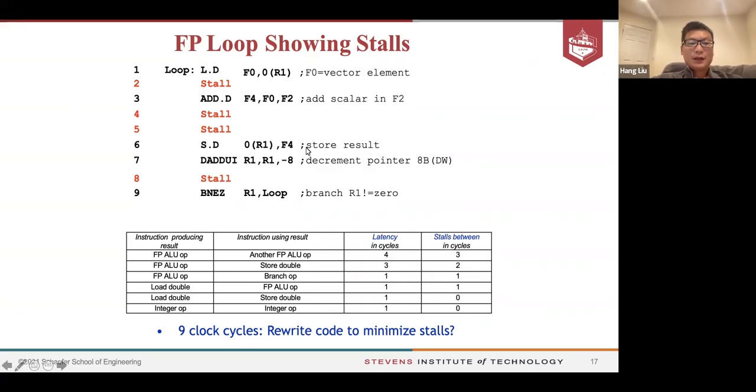So maybe we can move this instruction 7 earlier. Since R1 is later used, we can probably do register renaming.